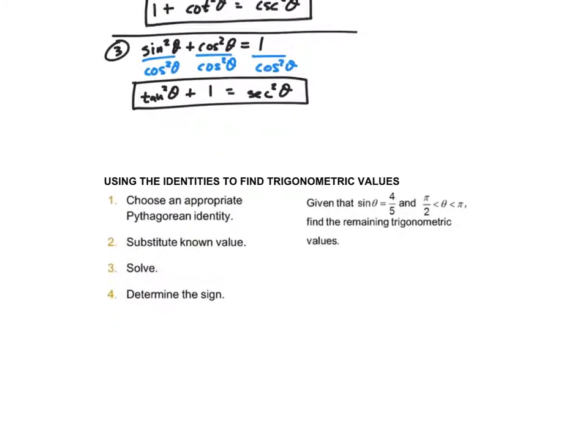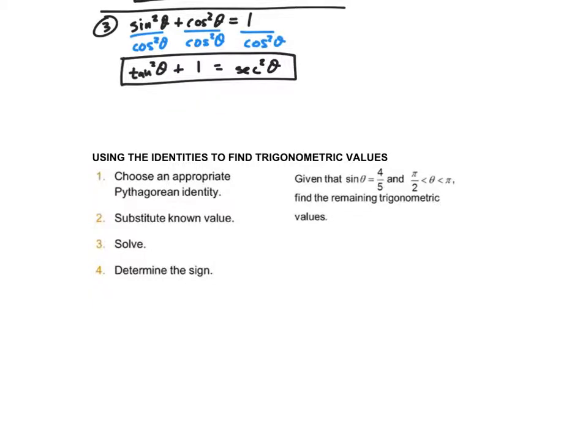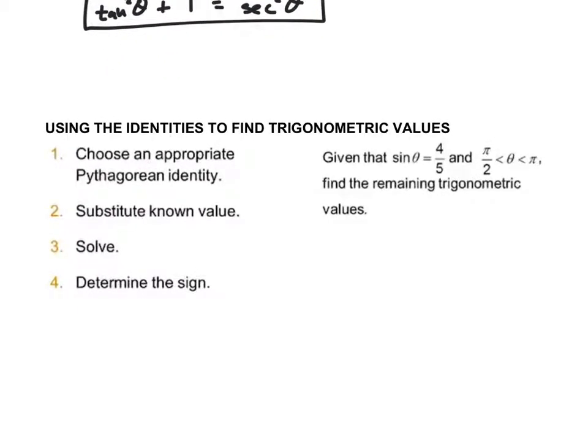Now, using the identities to find trigonometric values. Given that sine of theta is equal to 4 over 5, and theta is between pi over 2 and pi, find the remaining trigonometric values. Now, I'm going to do this the easy way first.